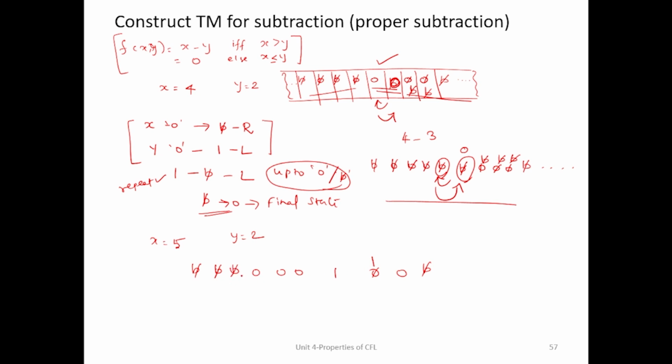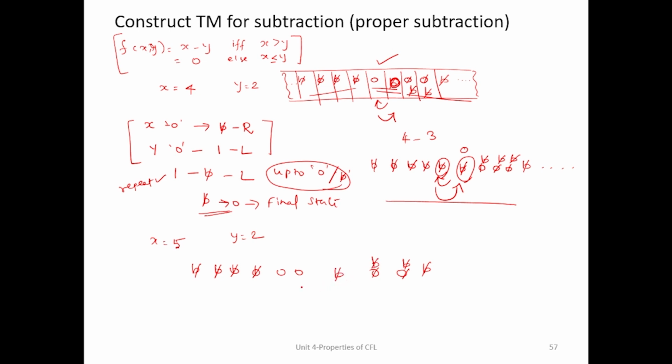Again come back, the second 0 is replaced with a blank space, and the second y 0 is replaced with 1. Again come here, the third 0 is replaced with a blank space. Go to check the third 0 at y. There are no zeros at y, so you stop the procedure, then change all the 1s to blank space.